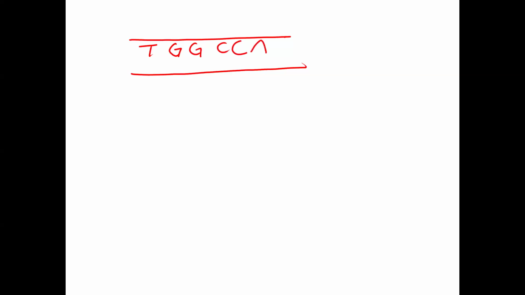So anyways, this is going to be referring to the palindromic sequences. I'm going to write this up here so you can know what's about to happen to you. Your DNA, being something like this, is going to go T, G, G, C, C, A. On the other strand, G to C, G to C, C to G, C to G, A to T. This is your DNA.